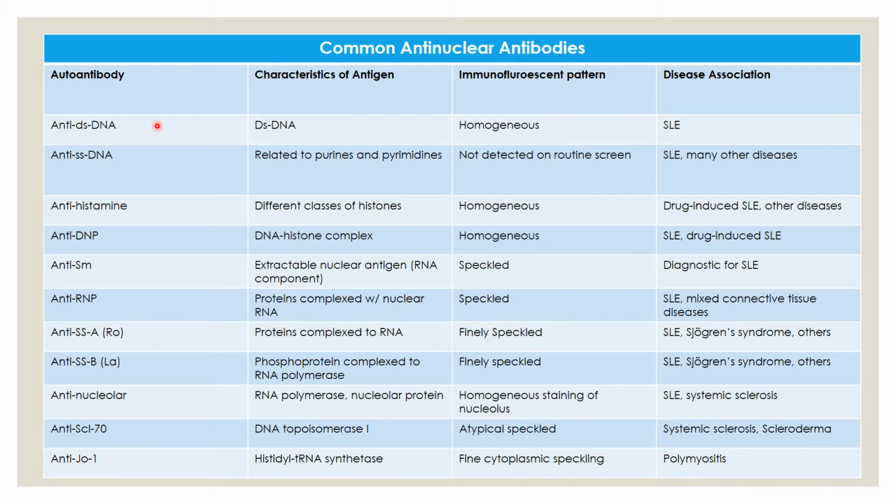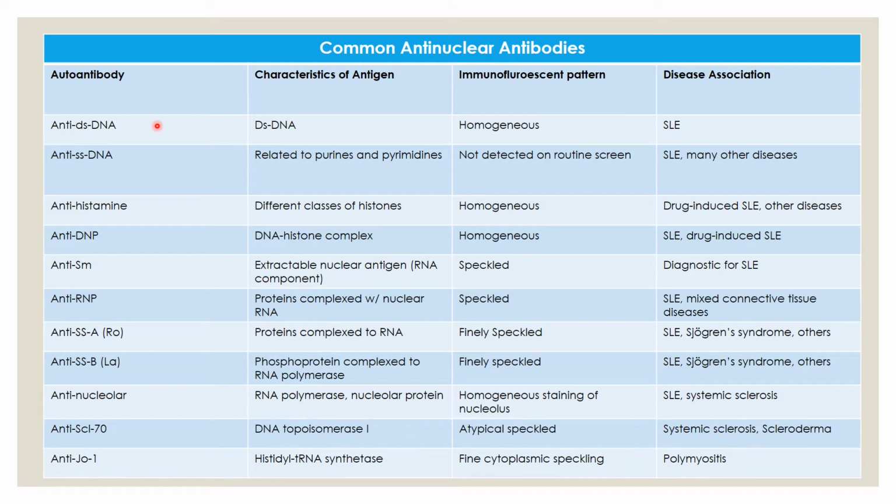It can test for a wide range of antibodies directed against nuclear components, but it doesn't get specific. So if your anti-nuclear antibody is negative, then most of these won't be an issue. If your anti-nuclear antibody is positive, then we start to go to some of these.